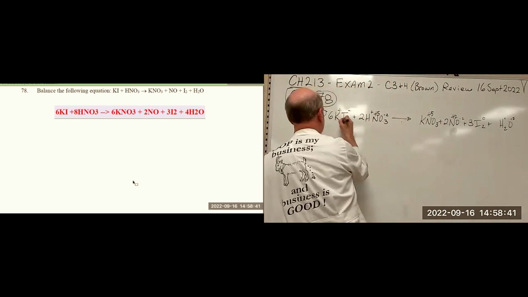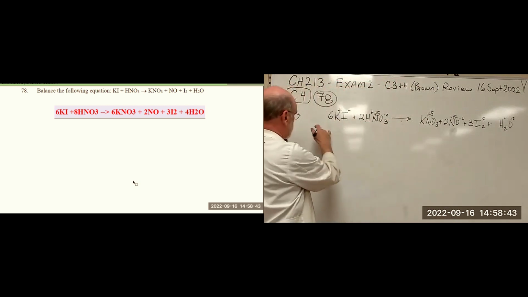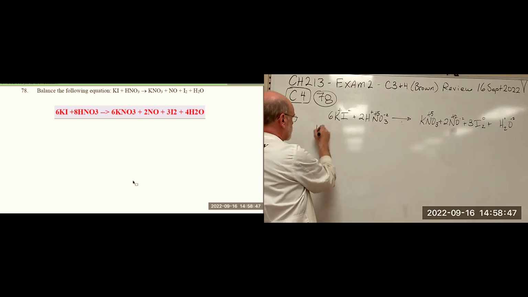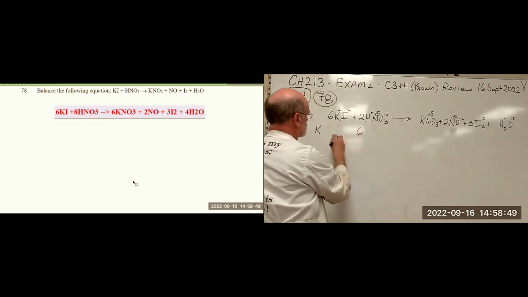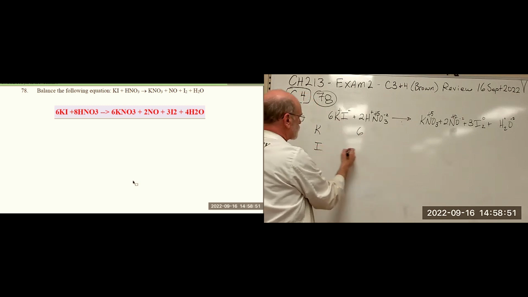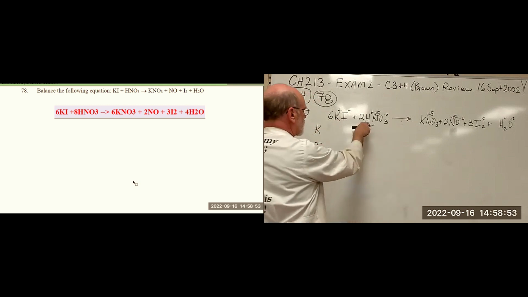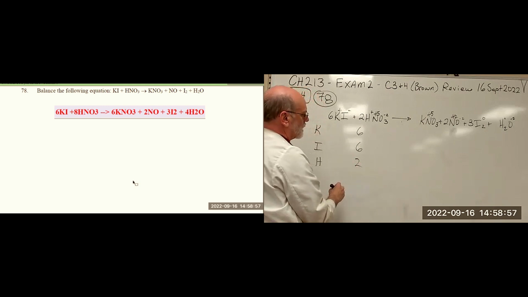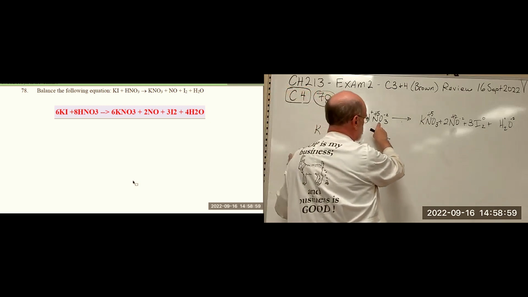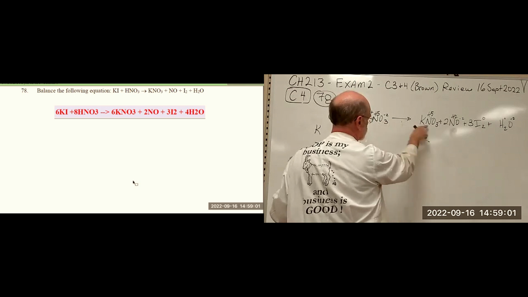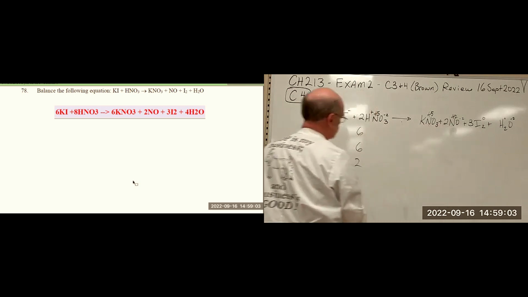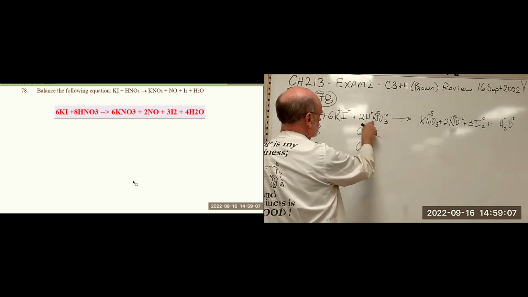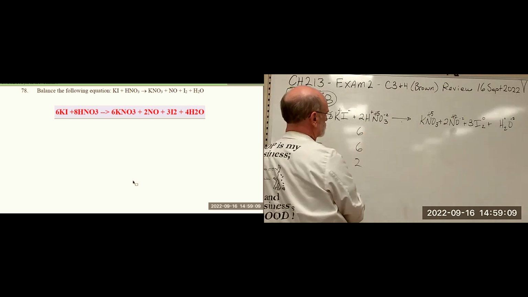Okay. Now we can tally 6 potassiums. We had iodine, 6 iodines. We had hydrogens, 2 hydrogens. We can't keep nitrates as a balancing unit because it goes one way and that way the other. So we've got to say nitrogens. So how many nitrogens do we have? We have 2.